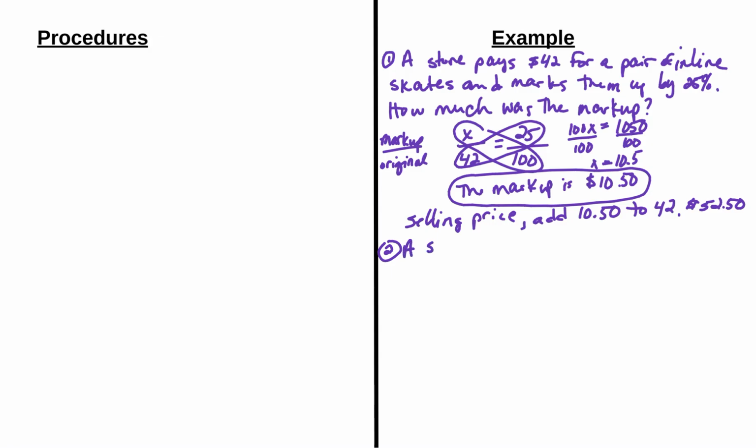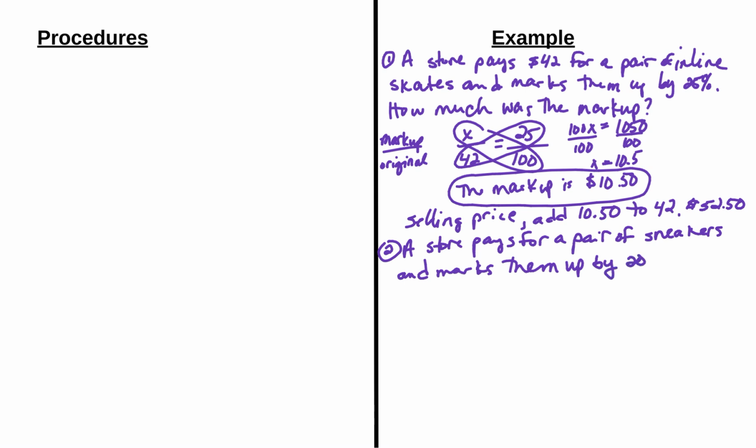So a store pays for a pair of sneakers and marks them up by 20% before selling them for $30.